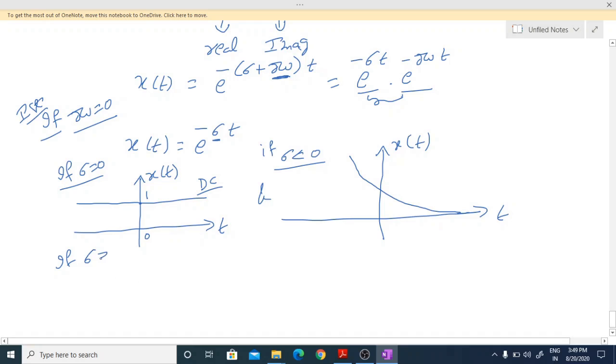If sigma is greater than 0, then we get an exponentially growing signal. So here the crossing points are 1, 1. These are the three different signals we can generate if j omega equal to 0, by considering sigma values 0, sigma less than 0 and greater than 0 conditions.